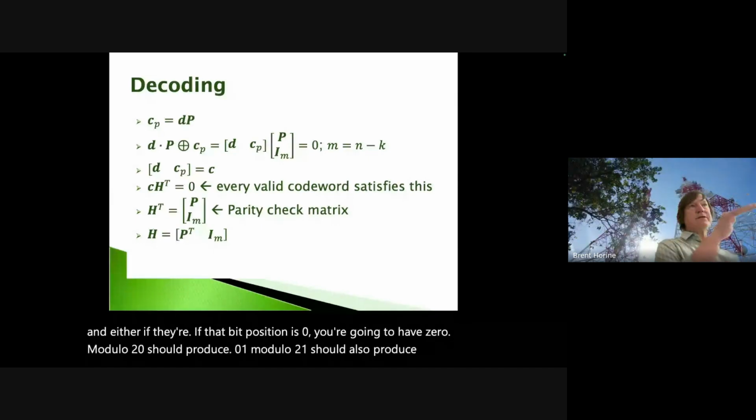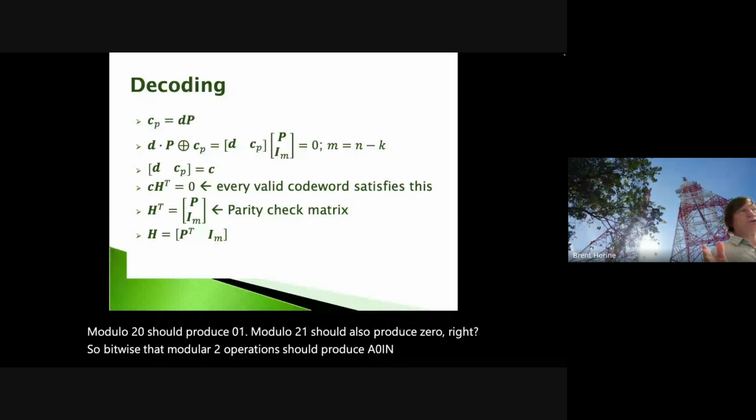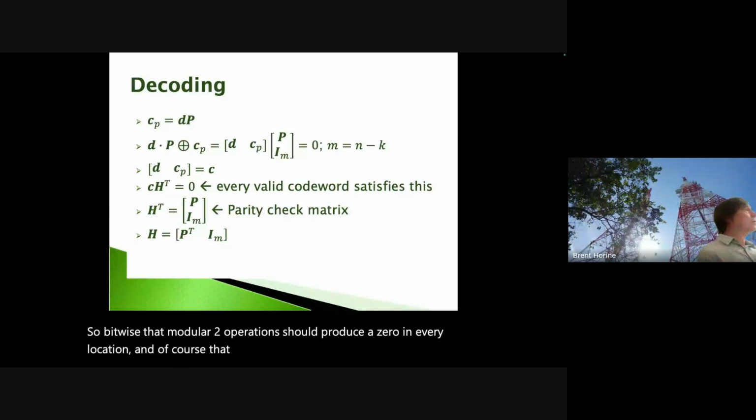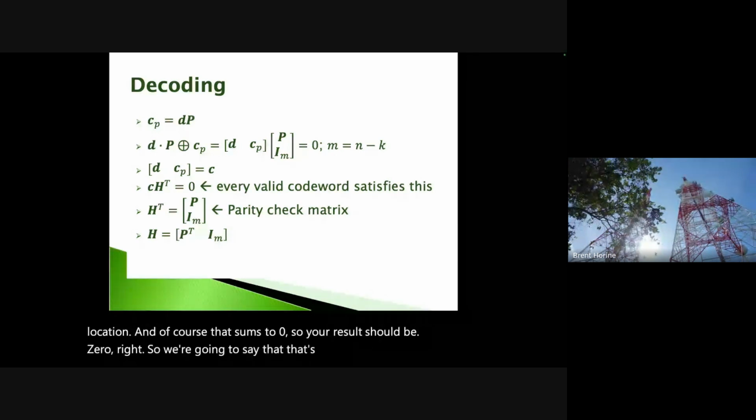So bitwise, that modulo 2 operation should produce a 0 in every location, and of course that sums to 0. So your result should be 0, right? So we're going to say that that's what would happen if there's no errors, right?